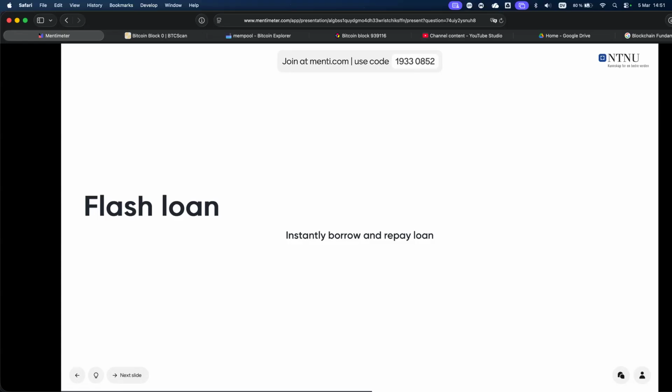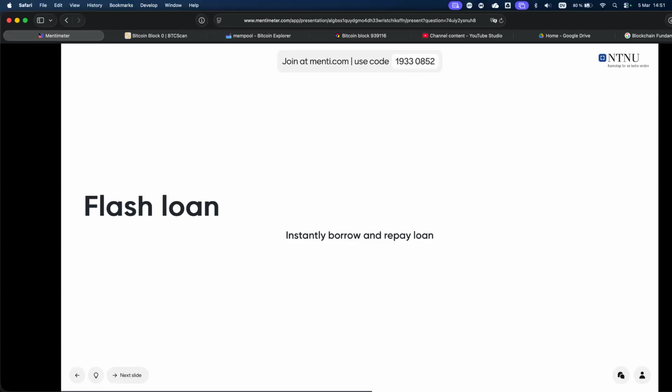So if I have capital and my risk of lending you money for this one transaction is 0, the fee is also very small. I can do it frequently. And because I don't suffer a risk, I can take a very small interest on that loan.